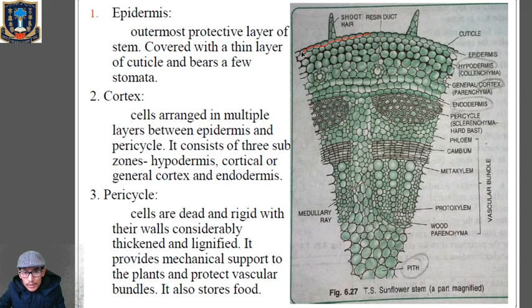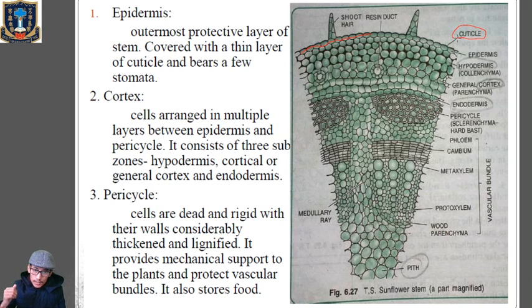Just above the epidermis, you will find a thin layer over here, which is called the cuticle. Okay, so this epidermis is covered by a thin layer of cuticle, and this epidermis also bears the trichomes and a few stomata. Clear?